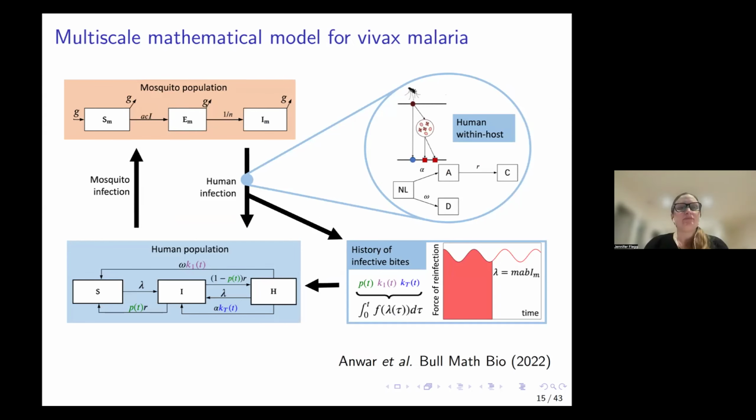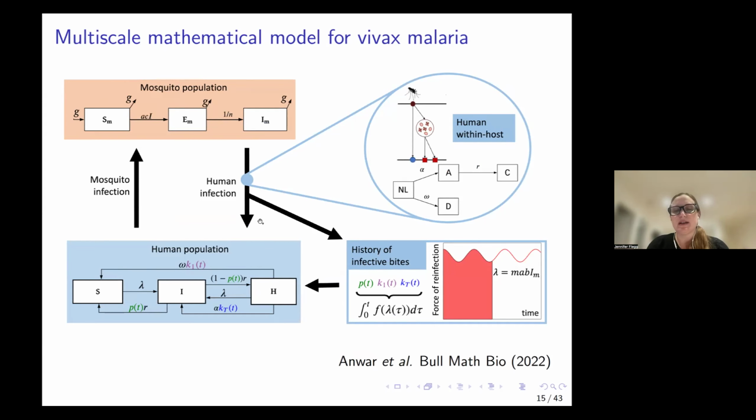So we have a population of mosquitoes and a population of humans, and we have something similar to Ross-Macdonald type dynamics between the mosquito population and the human population. But the difference here is that every time a human is bitten in this model, we have a within host model. So we have these hypnozoites where we can characterize the probability of hypnozoites being in different states for different populations.